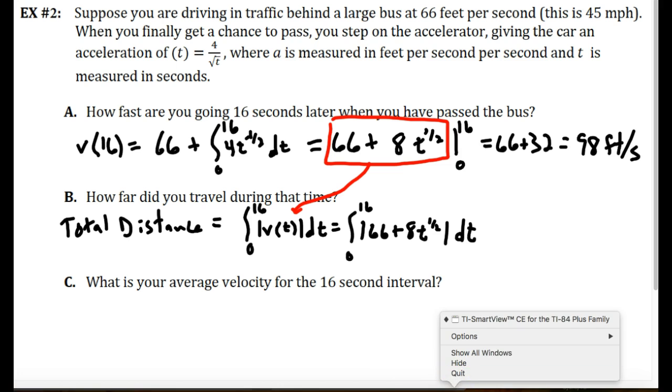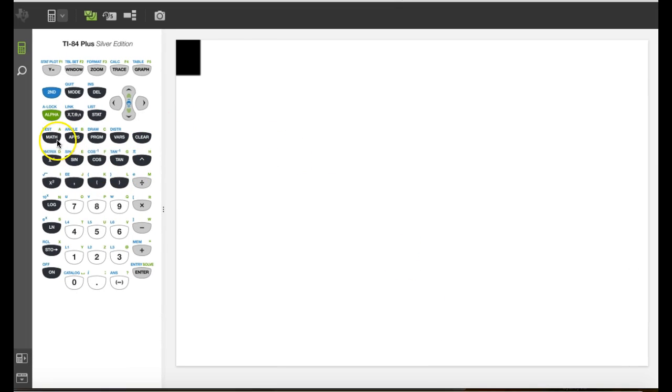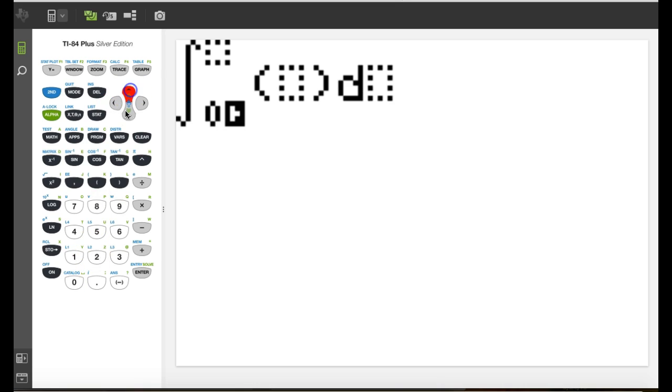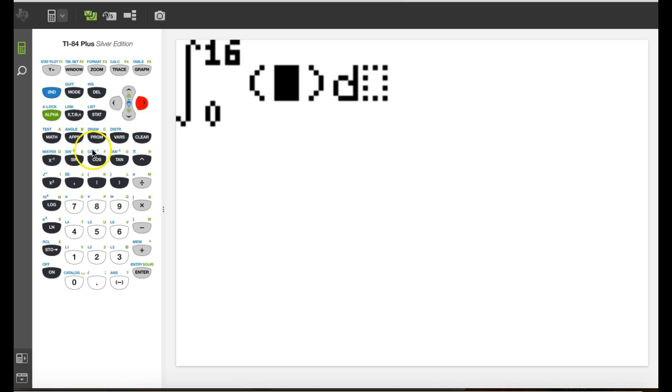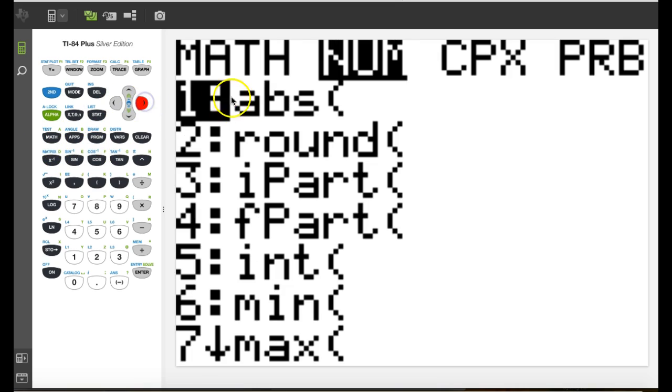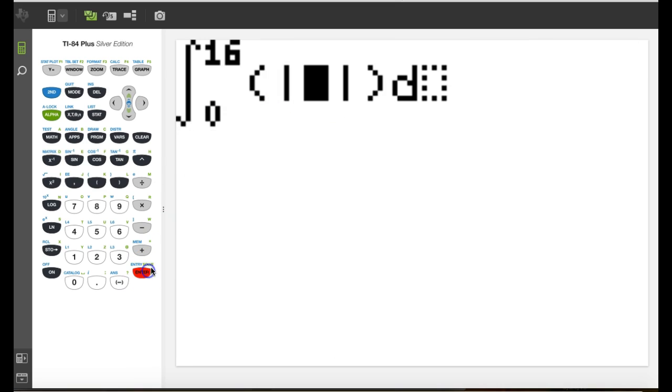So if we plug this into the calculator, it would go math 9 from 0 to 16. And then remember, the absolute value button is under math, and then right 1 abs right here.